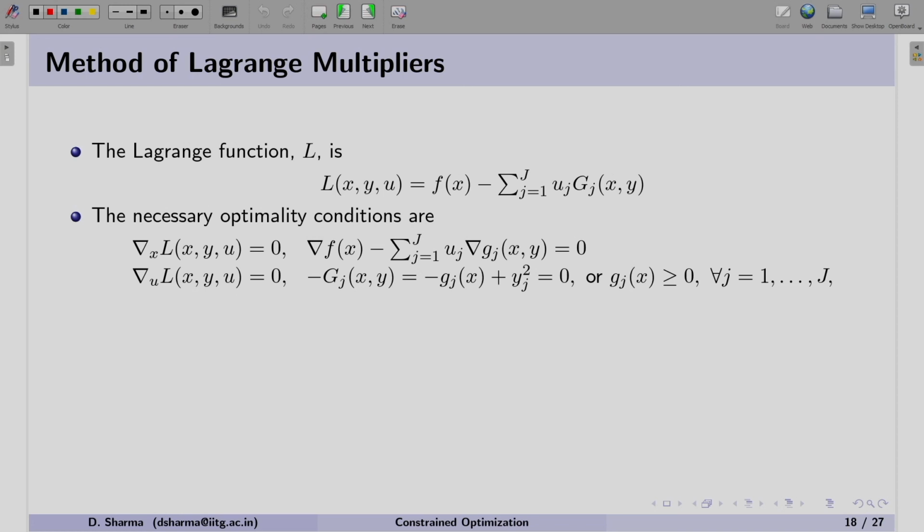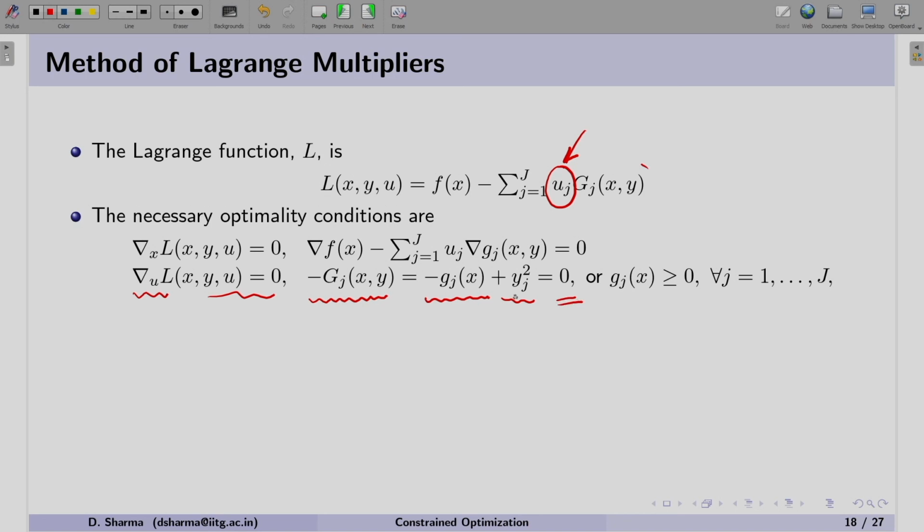Thereafter, we take the gradient of L with respect to u and make it equal to 0. Since u is available with the constraint only, we get minus Gj of x, y, or minus gj of x plus yj square equals 0.